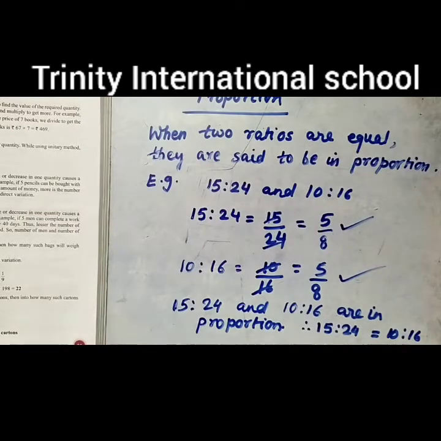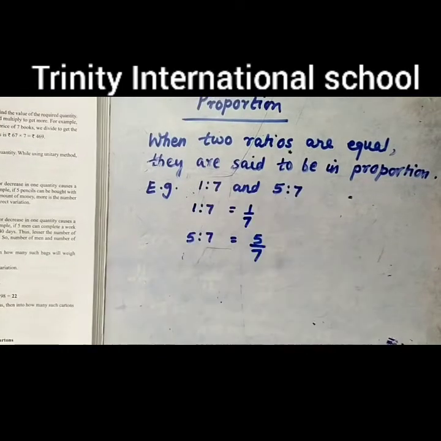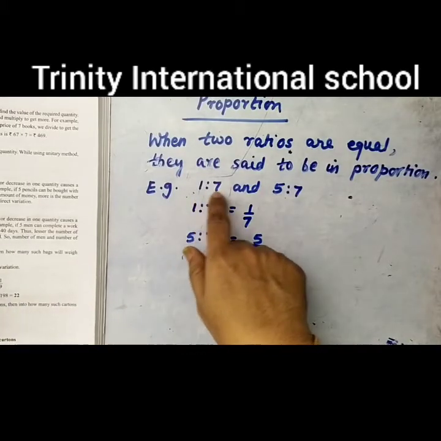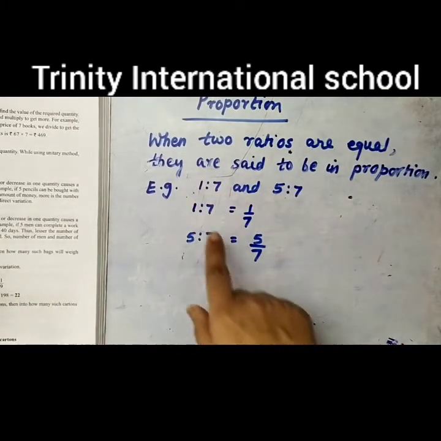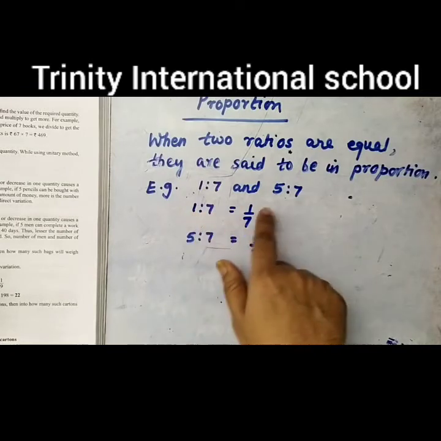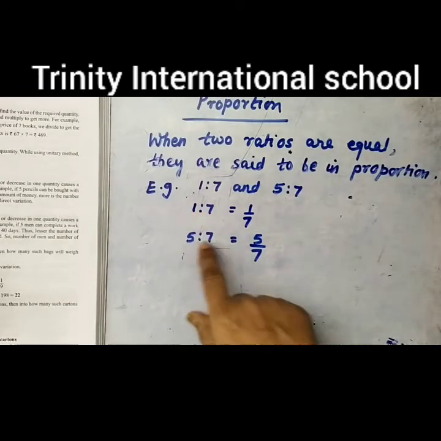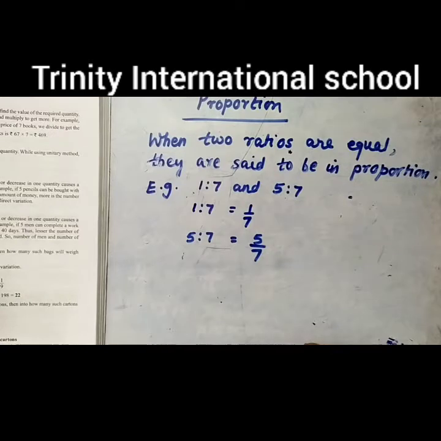Now let us take another example to see whether the ratios are proportional or not. I have taken two ratios, that is 1:7 and 5:7. Now 1:7 can be written as 1/7 and 5:7 can be written as 5/7.